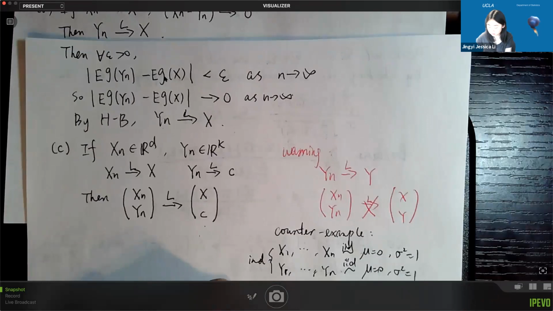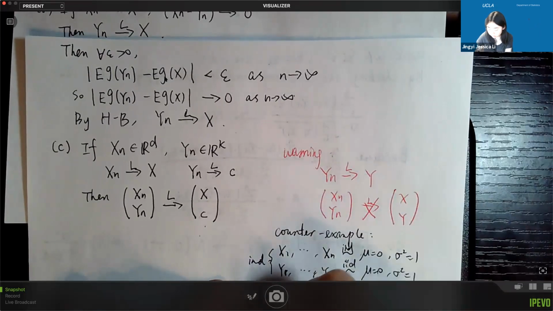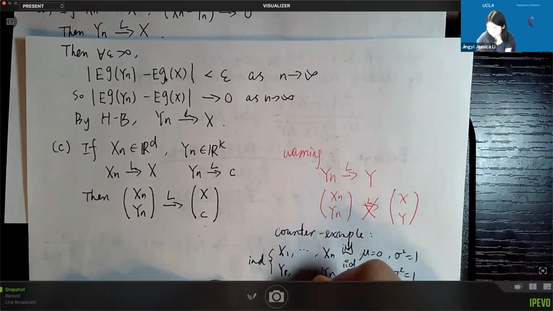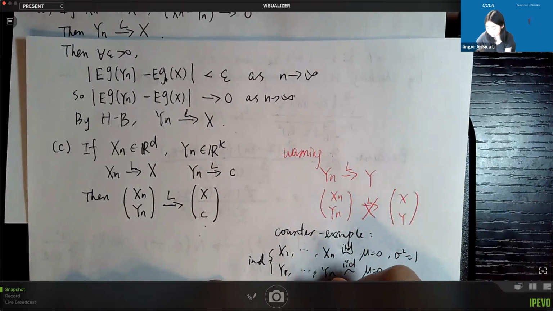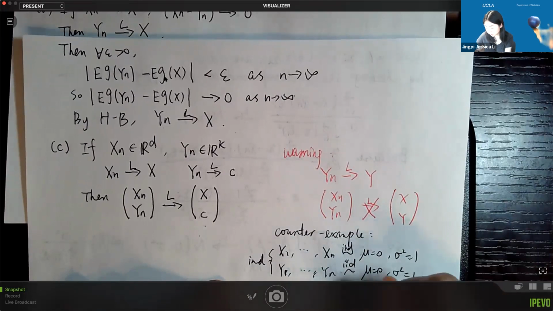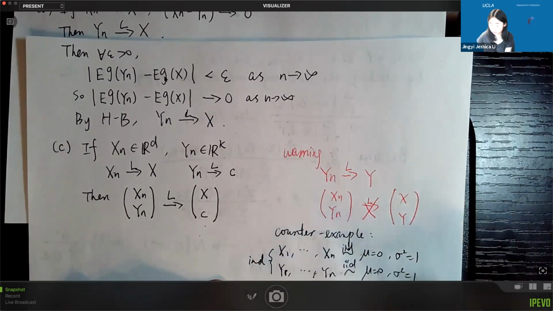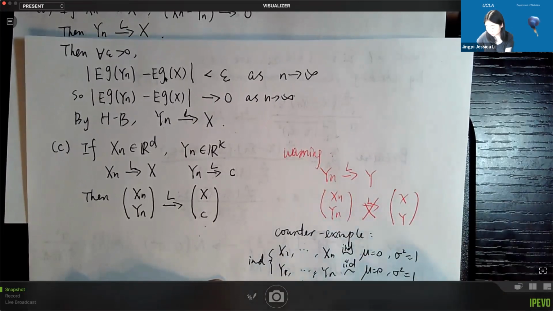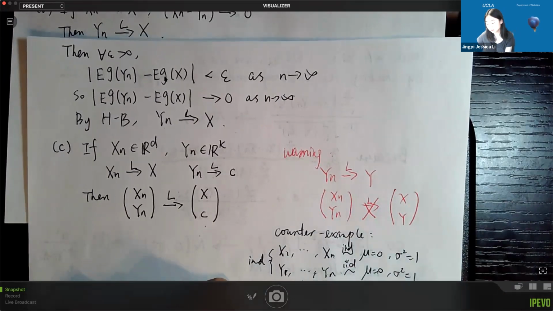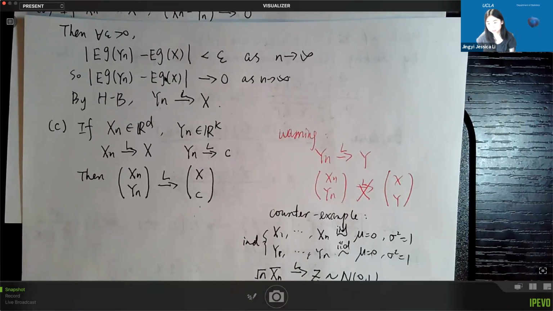Then given this case, root n times Xn bar is converging to a random variable, let's say Z, and Z follows standard normal. This is by the CLT. I can also have root n times Yn bar converge in law to, let's say, Z prime, which also follows standard normal.